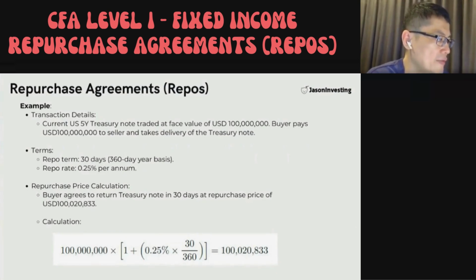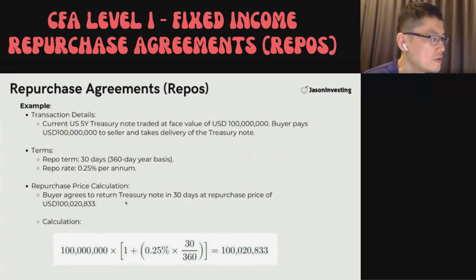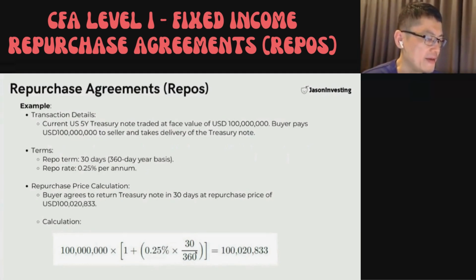To calculate the repurchase price, the lender is lending the $100 million for 30 days in this example. So we first work out the interest for the 30-day loan. We just multiply the annualized interest rate by 30 over 360. 30 over 360 is also known as the day count fraction.